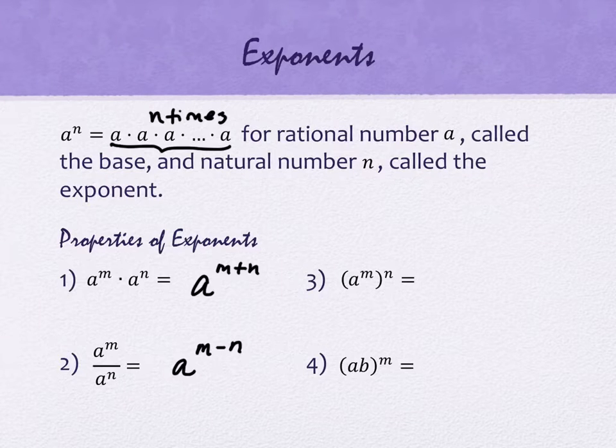Now 3 is different than number 1 because you don't see the base written again. I don't have two a's written down beside each other with exponents. I have an exponent raised to another exponent. And when that happens, we actually multiply the exponents.